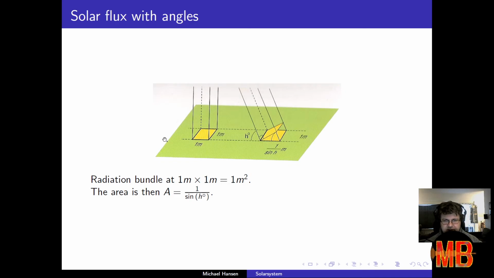Because if you imagine that the sunlight was completely parallel to the surface of the Earth here, then the sunlight wouldn't hit anything. But let's take, for instance, 1 divided by sine of 45 degrees. We'll get the square root of 2, which is 1.41.